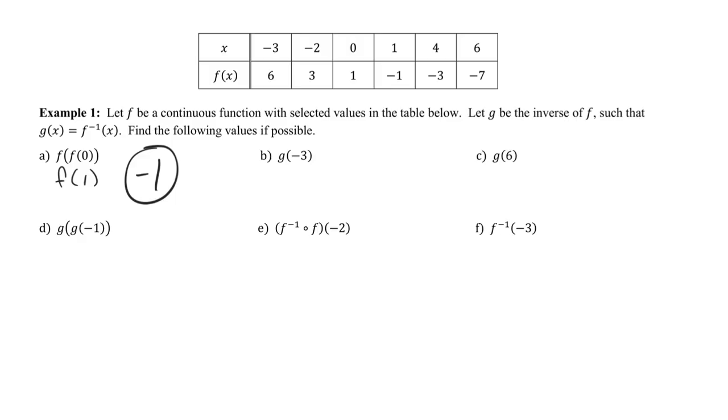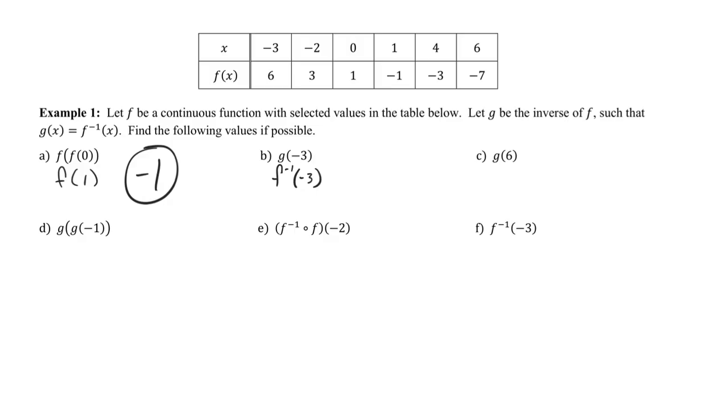All right? G. Well, I don't really have a g to look at, so I'm going to do this. f^-1. These mean the exact same thing, okay? So what does that mean? Remember, this is the inverse, so this changed my x and my y.